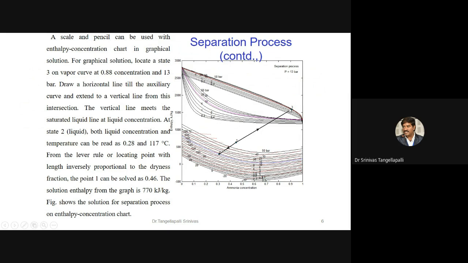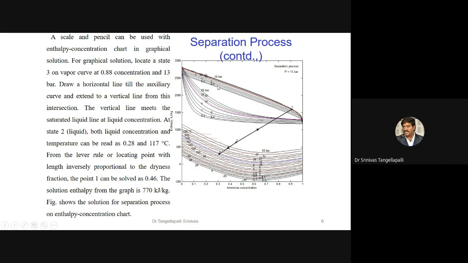And state 3 is shown in red color. State 3 is completely vapor. So state 3 has been defined completely. It is 88%. If I draw a vertical line here in the chart at 88% and 13 bar, you may see the pressure of 13 bar here. Actually, I took this graph up to 50 bar.